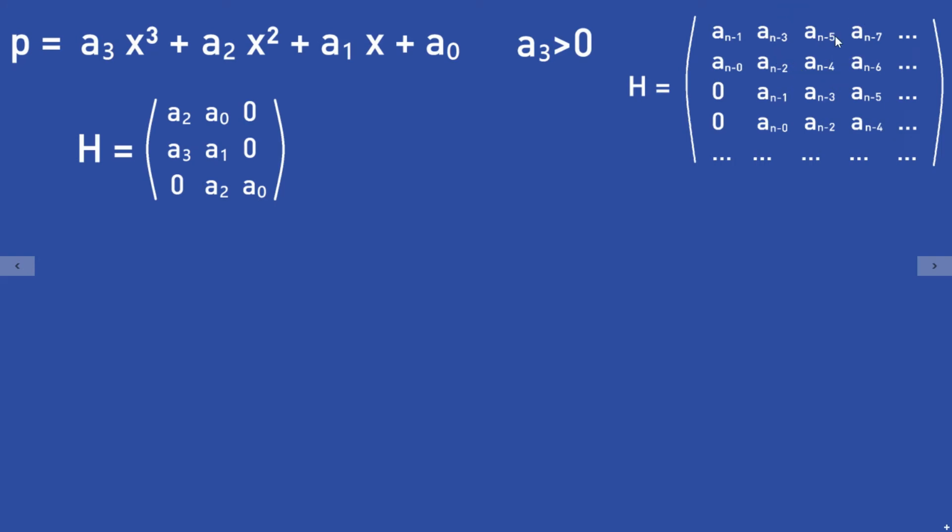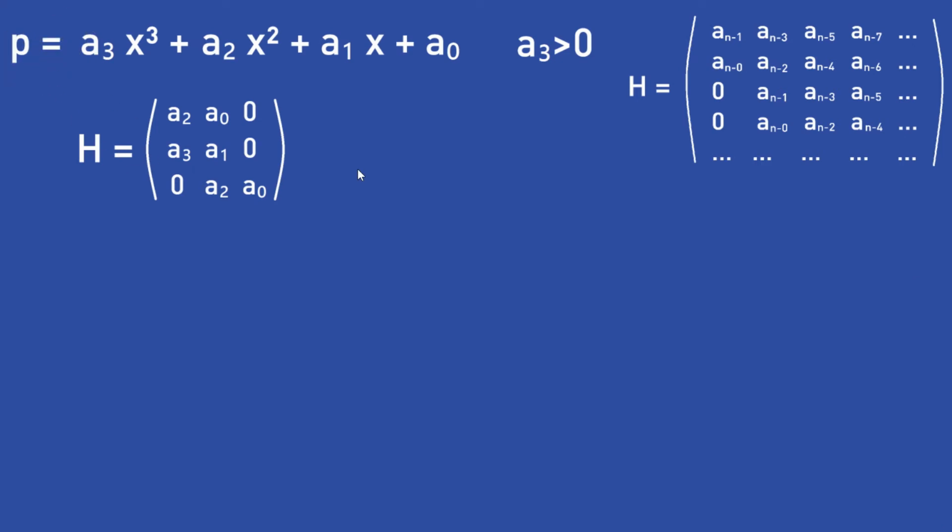Here we have 3 minus 5, which is negative, so 0. 3 minus 4 is negative 2, so 0 again. And 3 minus 3 is 0, so a0. This is how you find this matrix for a polynomial of degree 3.